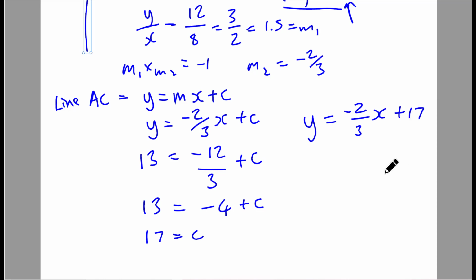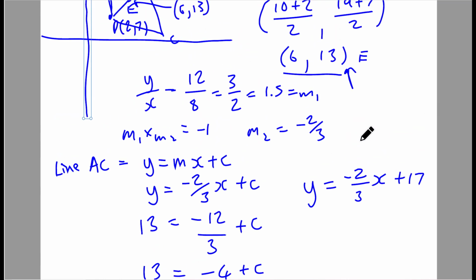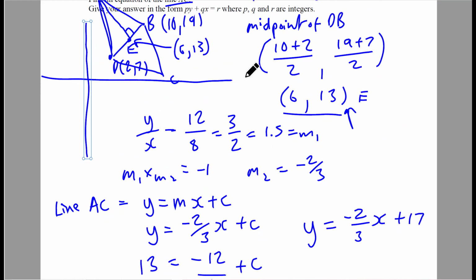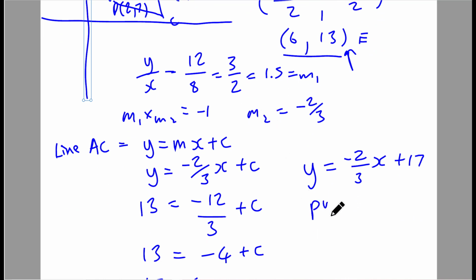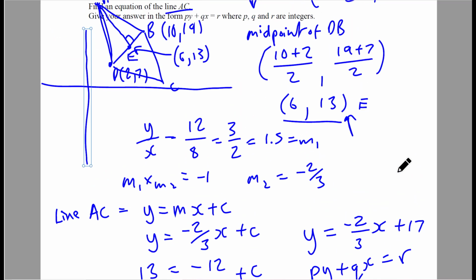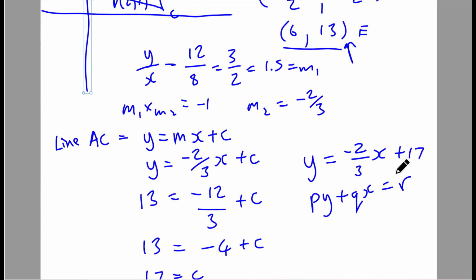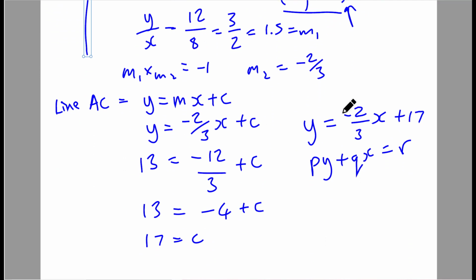Now that's the answer. Sometimes they ask us to write it in a particular form. We've got to write it in the form py plus qx equals r, where p, q and r are integers. Well, we're almost there, right? All we need to do is multiply everything by 3, both sides by 3, but remember these are separate terms, so we're going to get 3y equals minus 2x plus, what's 3 times 17? 51.